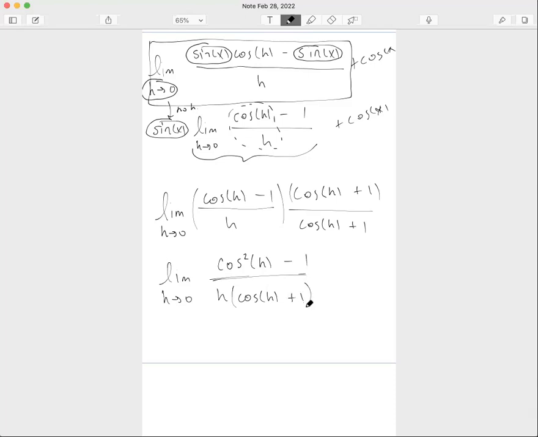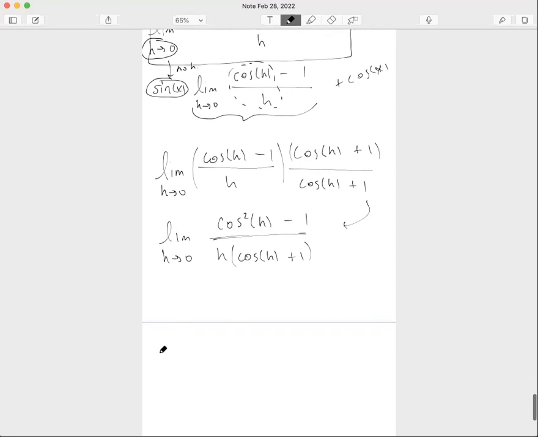Remember, the middle terms cancel. Yes, so I'm multiplying just this fraction by cos h plus 1. This is the result of doing that. Negative sine squared.